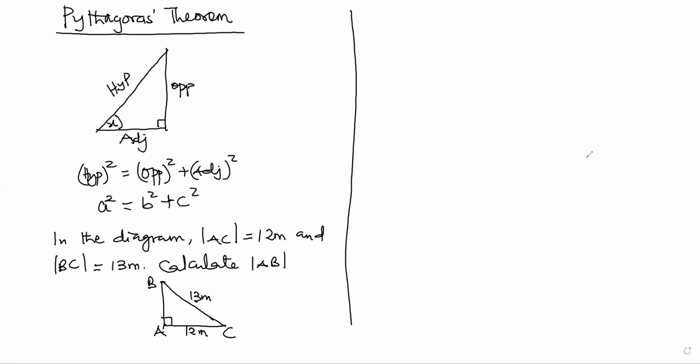So what we're going to do is, once again, we know that the hypotenuse, which is your BC squared, will be equal to what? The opposite squared plus adjacent squared.